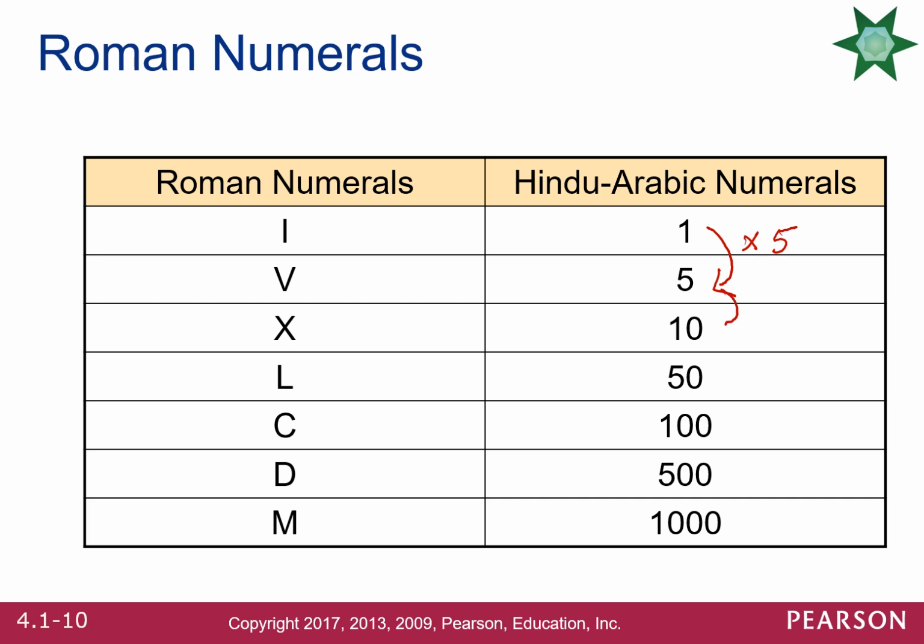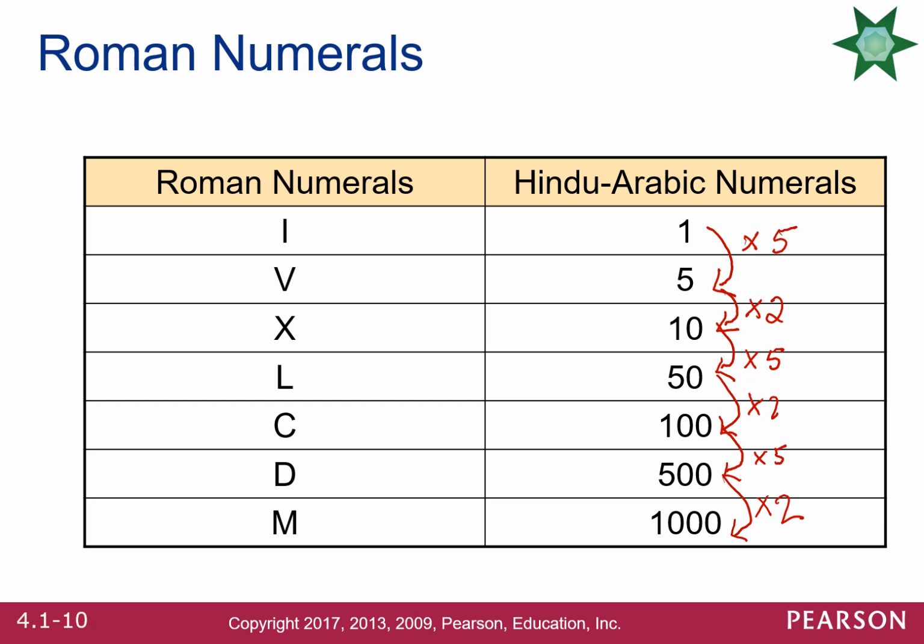The next value is 10, so 5 times 2 is 10. Then the next one is multiplied by 5. So 10 multiplied by 5 is 50. 50 multiplied by 2 is 100. 100 multiplied by 5 is 500. And 500 multiplied by 2 is 1000. So as you see, the numbers increase in alternate multiples of 5 and 2.